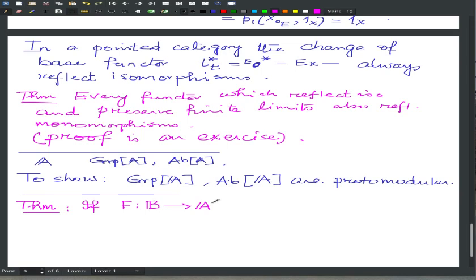If you take the forgetful functor on sets with at least 2 elements, take any set with at least 2 elements, then you also have the free group.